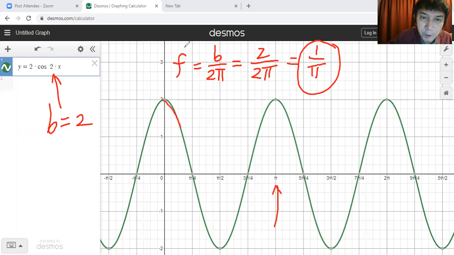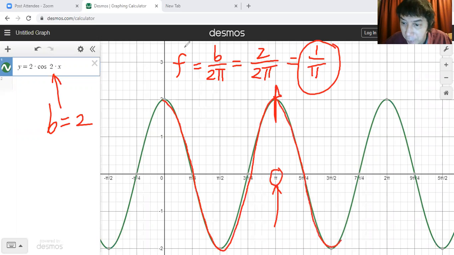This is 1 cycle for cosine; it stops here. See, it's 1 for every pi. Another pi added, that's why pi plus pi is 2 pi.